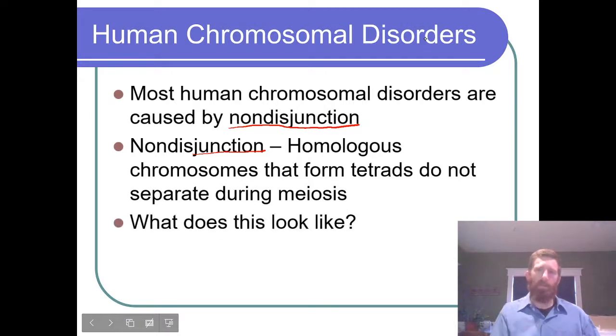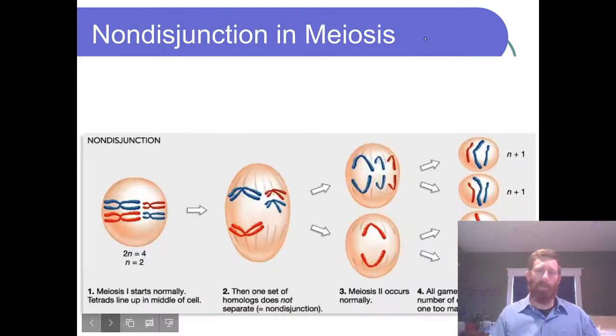So as eloquent as that may be, let's take a look at what this looks like. Go ahead, do your best to draw this out. We're using our same color scheme that we did before, with two blue chromosomes from dad, two red chromosomes from mom. This big chromosome right here, this is what normally happens, right? So this is meiosis one, and this is meiosis two.